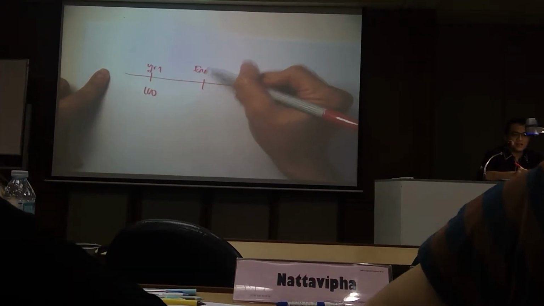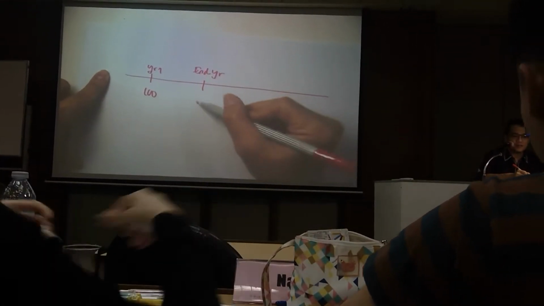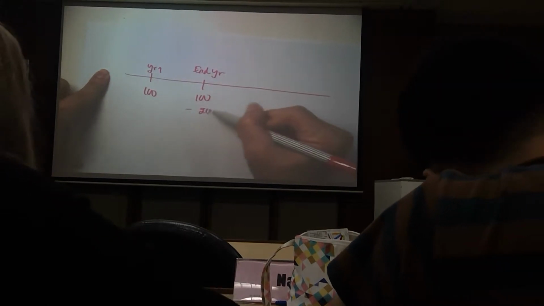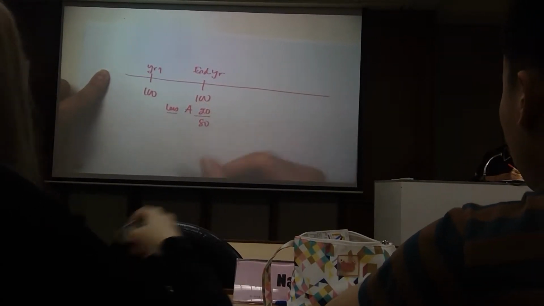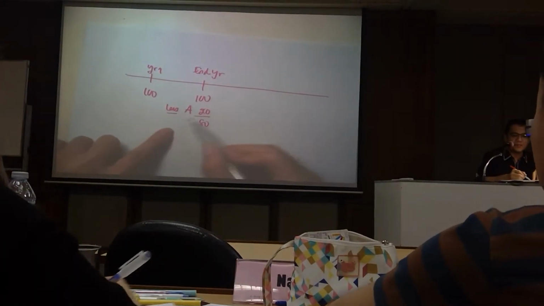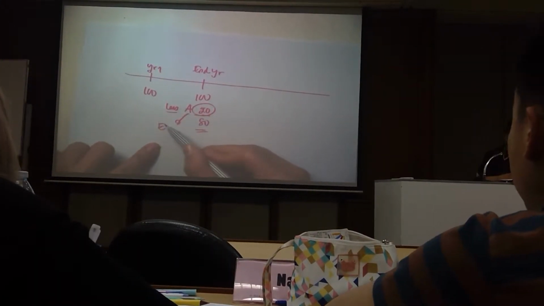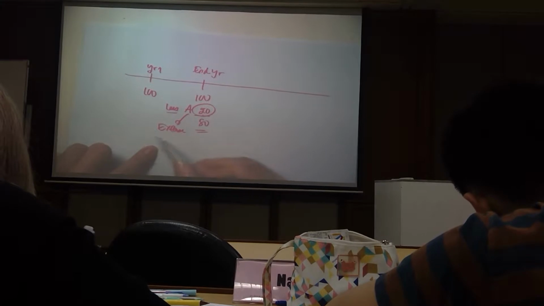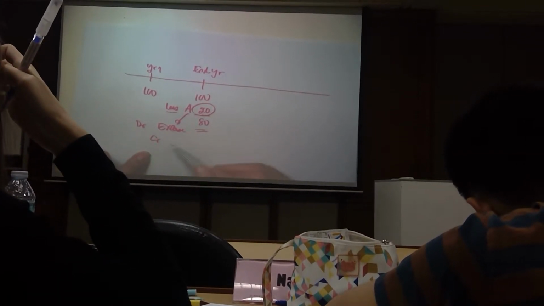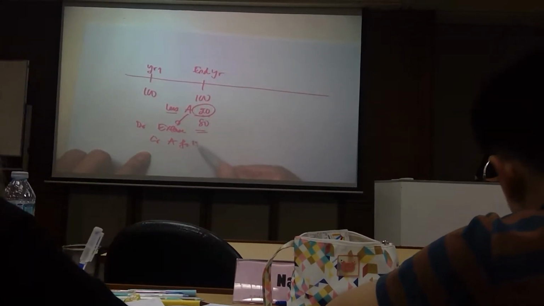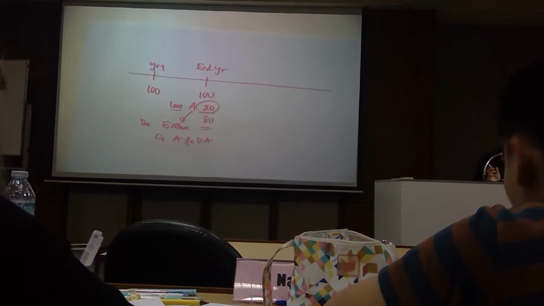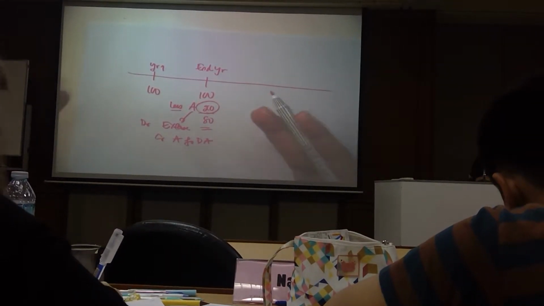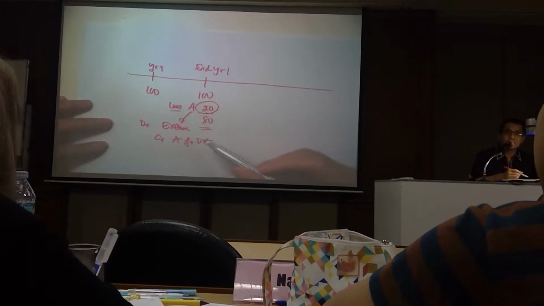At the end of year one, you think you're gonna have allowance. This is gonna be allowance for 20. This means what? This turned to be expense, by debit expense, credit allowance for doubtful account. Isn't that right? You set up allowance for doubtful account. This is for the first year, end of year one.